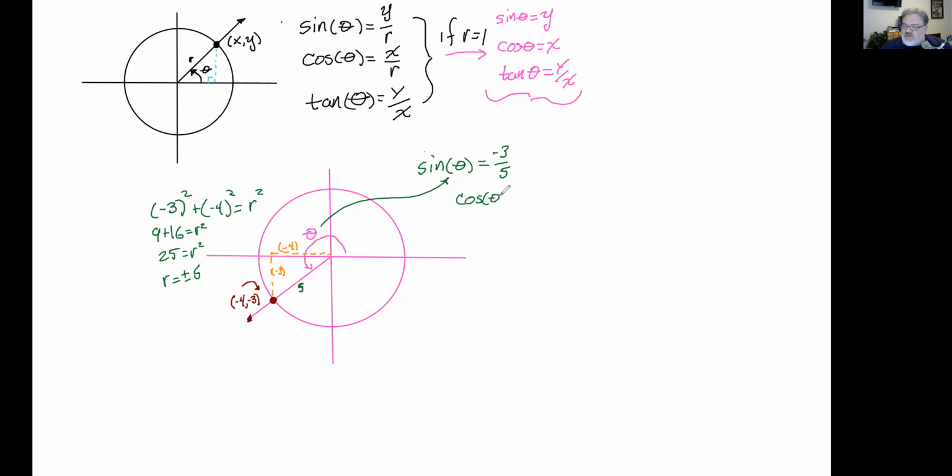The cosine of that angle, same thing, x over r. That's our expanded definition, x over r. So -4 over r, -4/5. Our tangent, again, our expanded definition, y over x. So the y value of -3 over the x value of -4.